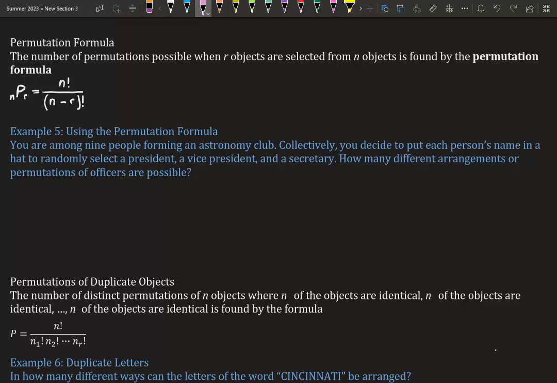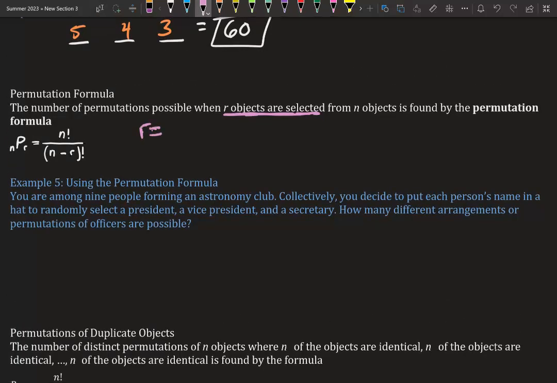So our r, that's how many we're picking, and your n is your total.